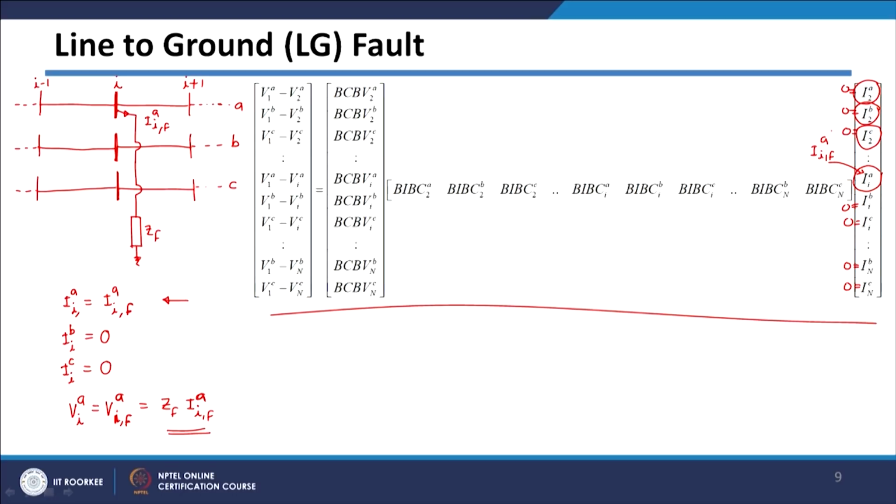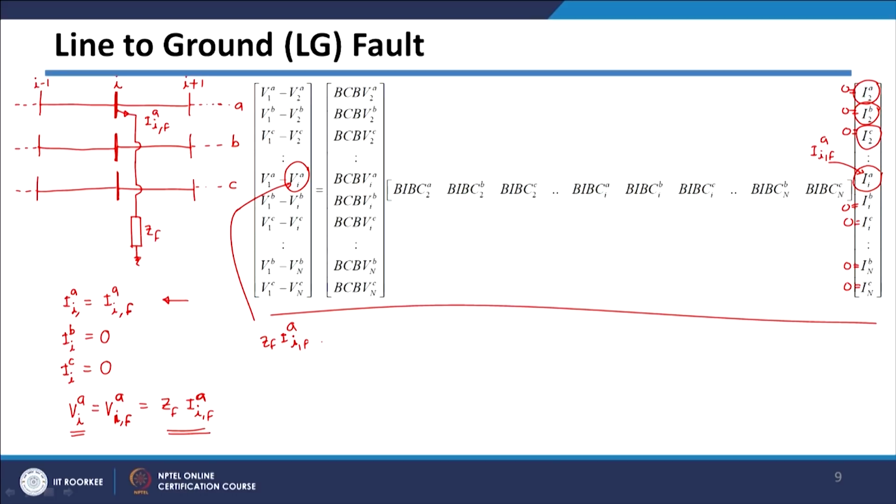And on the voltage side, if you see this particular post fault voltage, this voltage will change and become equal to this voltage here. So I can replace this voltage by ZF multiplied by IF, which is the ith bus current in phase A where the fault has occurred.